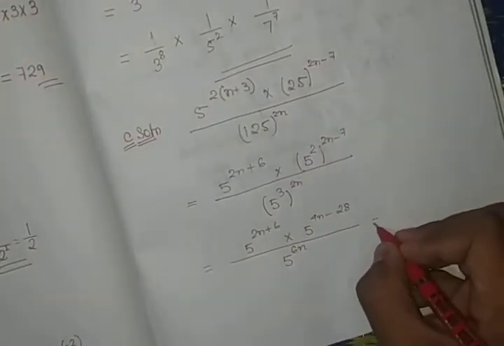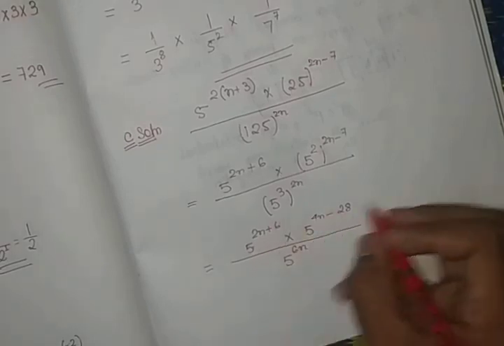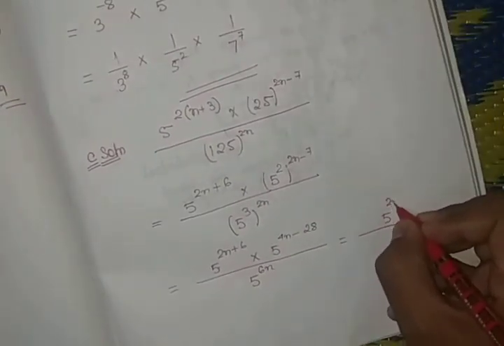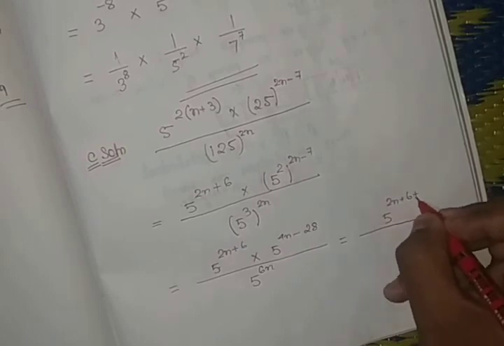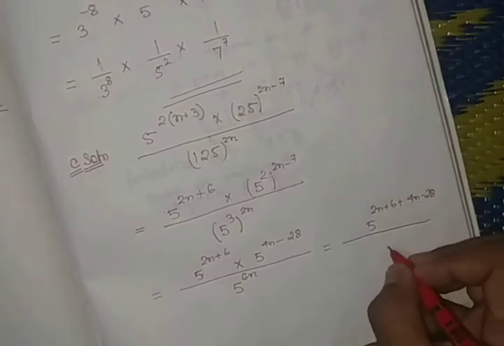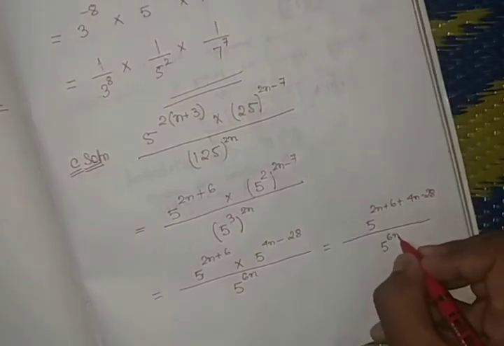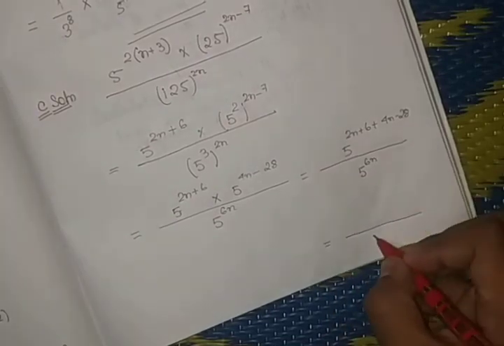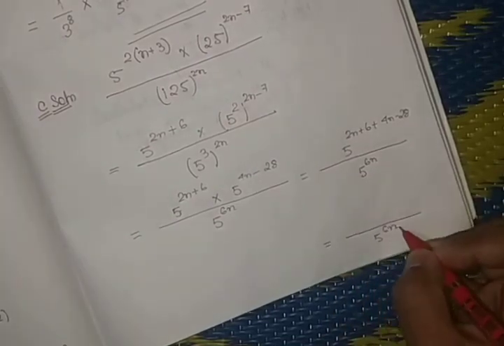So bases are same, we need to add the power. This will be 5 to the power 2n plus 6 plus 4n minus 28, by 5 to the power 6n. And now if you remember your knowledge of algebra, what we do, we just add or subtract the like terms.